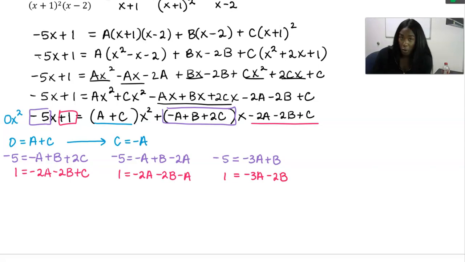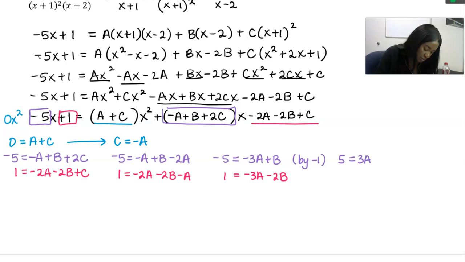Now with the new purple and pink equation, they're almost set up perfectly for the addition method, but I don't have opposite signs with the A's. I have a negative 3A and a negative 3A. So I'm going to multiply the first one by negative 1. So this will turn into a positive 5 is 3A minus B. And then the second one will say 1 equals negative 3A minus 2B.